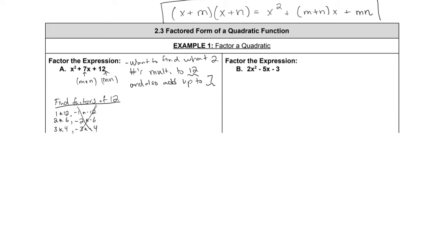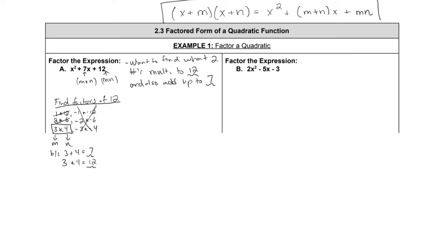So we look at these. If we take 1 and add it to 12, do we get 7? No. 2 plus 6 is 8, so no. 3 plus 4, yes. So these are our m and our n. We can say m and n, because 3 plus 4 adds up to 7, and 3 times 4 equals 12.